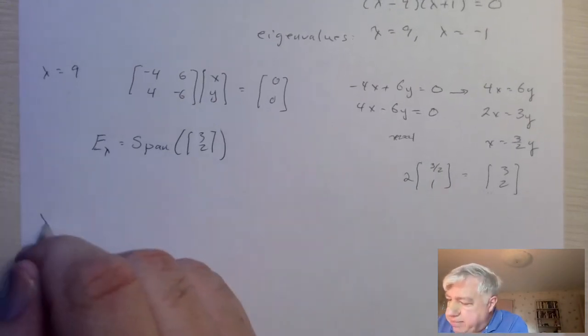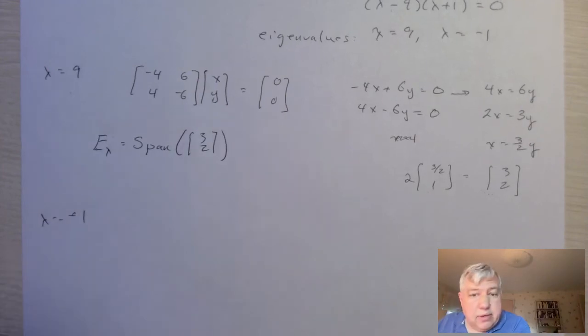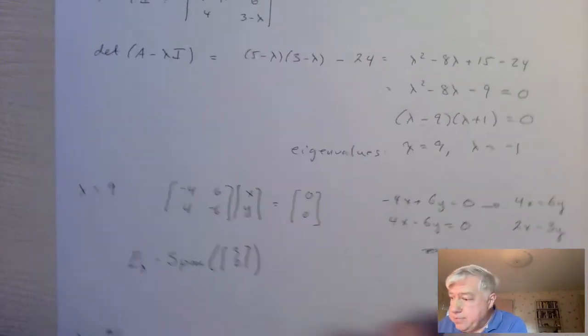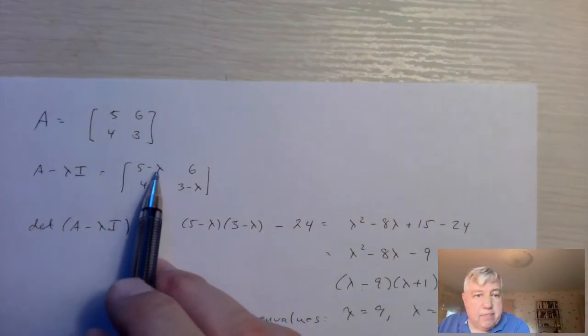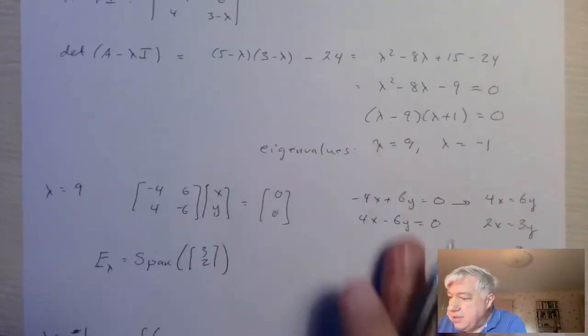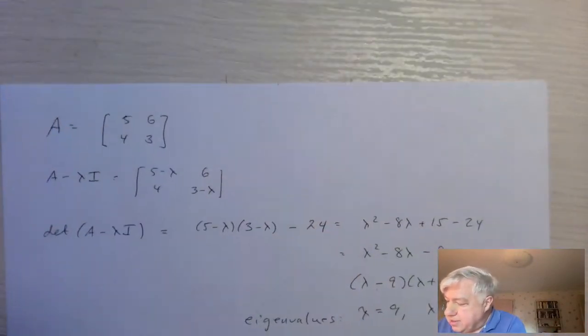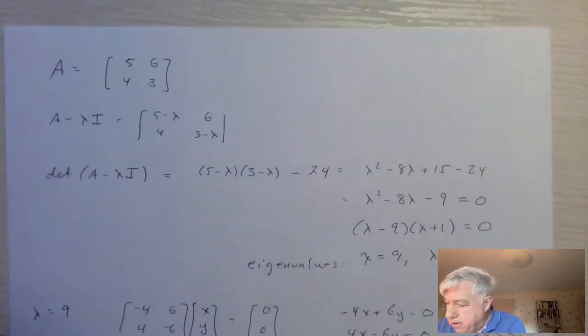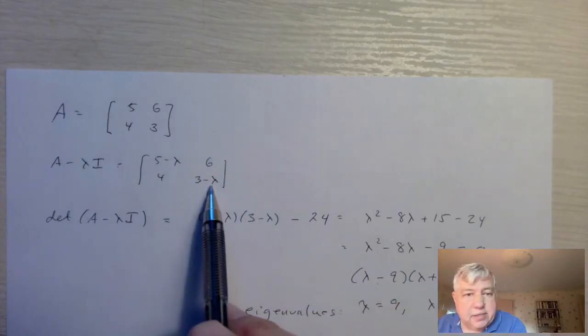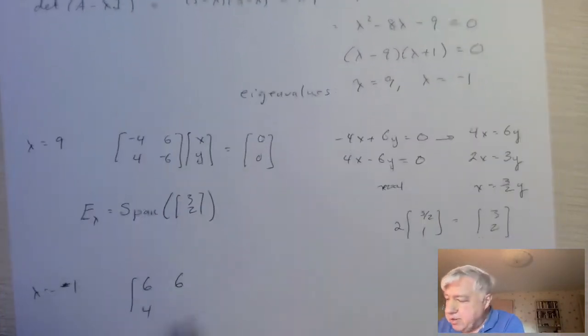For the other one, lambda equals -1, let's see what we get. Here we have 5 minus -1, that would be 5 plus 1, that's 6. Then this is 6, this is 4, and 3 minus -1 is 3 plus 1, that's 4.